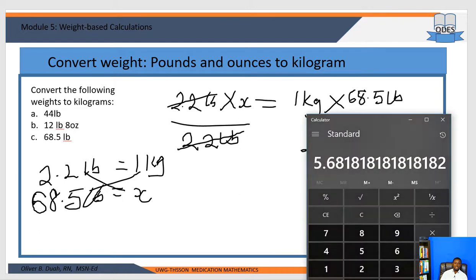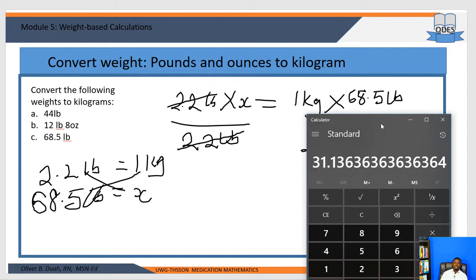Let's bring our calculator up. 68.5 divided by 2.2. And we have 31.136363.